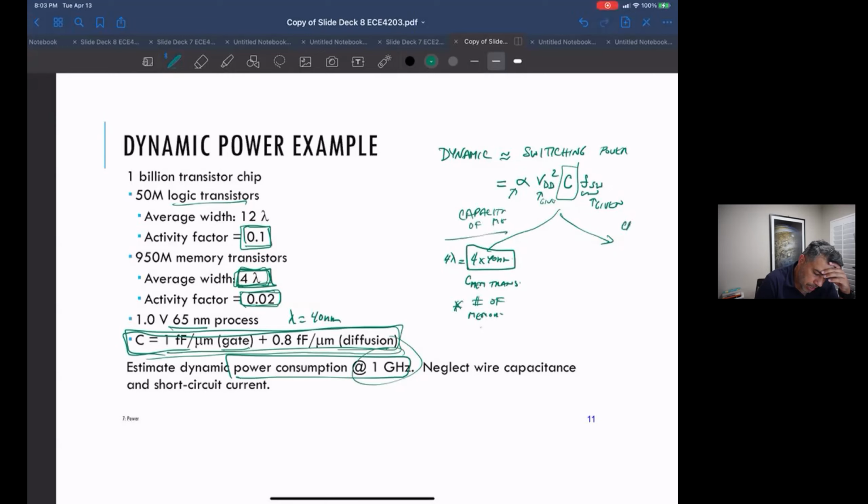To get the total capacitance of logic, we do the same thing, except it's 12 lambda times 40 nanometers times the total number of logic transistors. So why don't you give a shot at that? Take a couple of minutes trying to calculate what the dynamic power is, and we'll try to solve it.